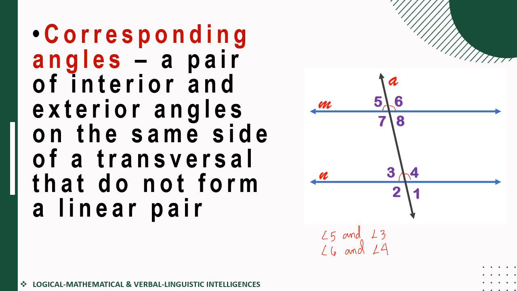Apart from this, we can also have another set of corresponding angles. What about angle 7? For angle 7, we can have angle 2. And one more, we have angle 8 and angle 1 here. So again, we do have 4 pairs of corresponding angles in this illustration.